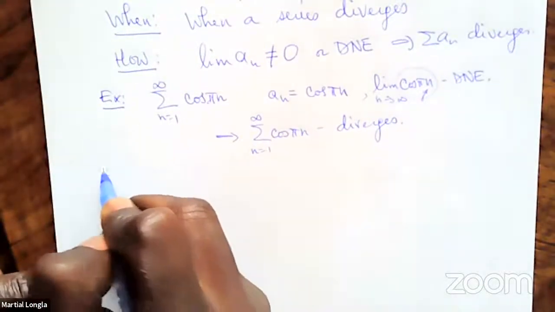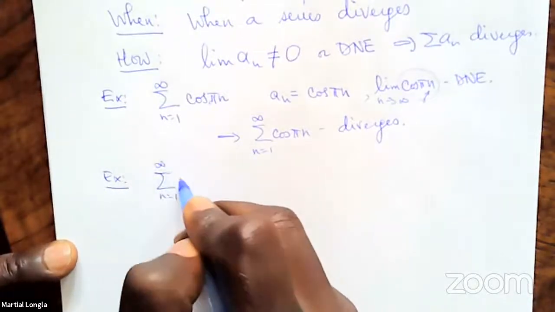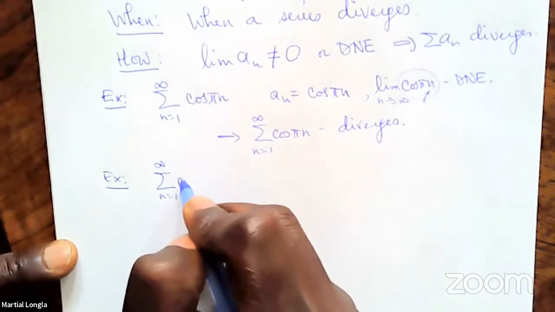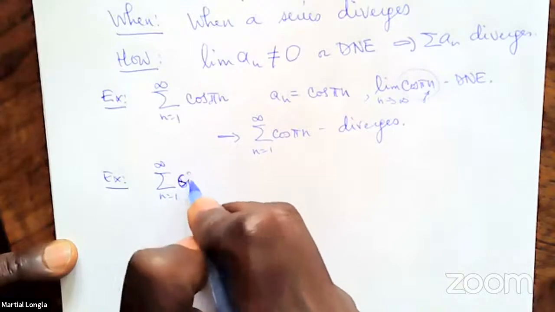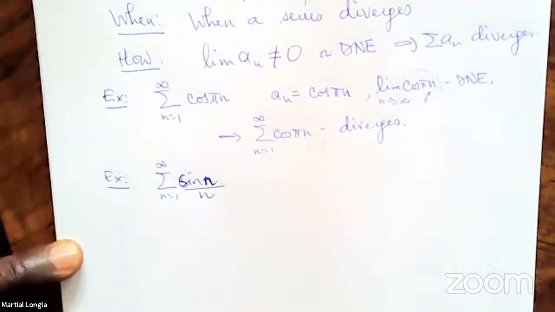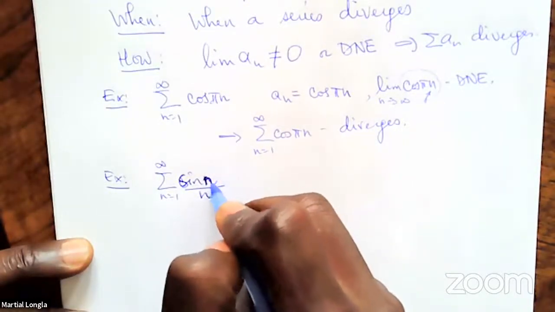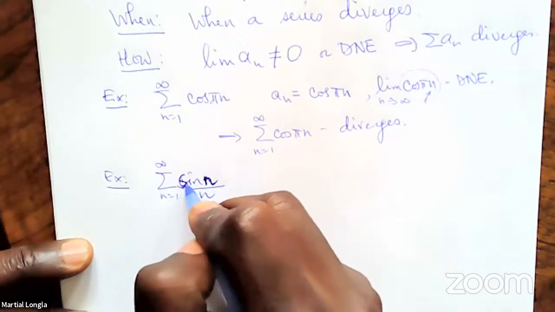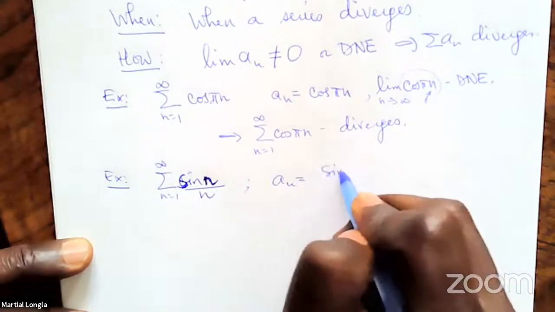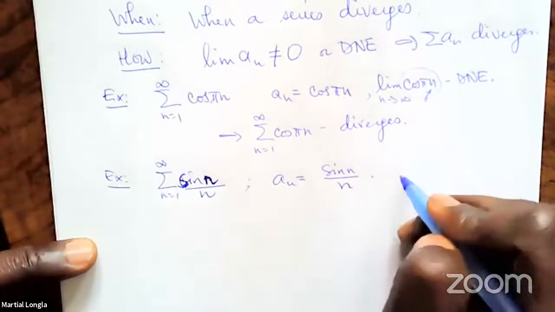Or you could say sine of n over n. Here an is sine of n over n.